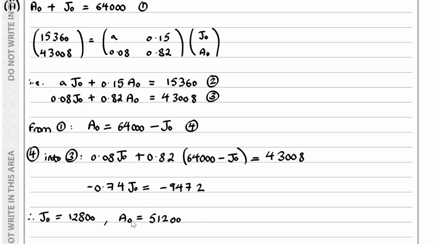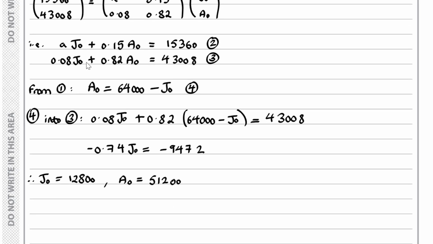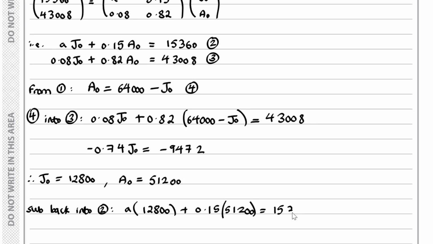And from this we can substitute these values back into equation 2. So we have A lots of 12,800 plus 0.15 lots of 51,200, and this is equal to 15,360.